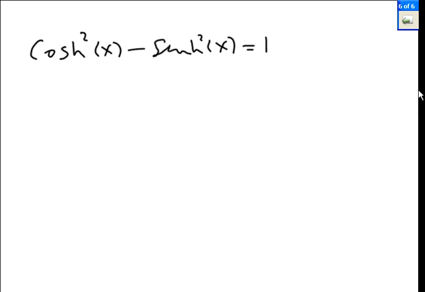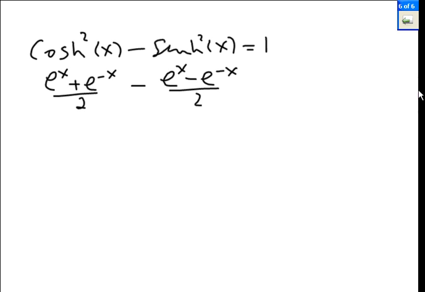That is e to the x plus e to the minus x over 2 minus e to the x minus e to the minus x over 2. Oh, I forgot to square it. Sorry. This is going to equal 1.